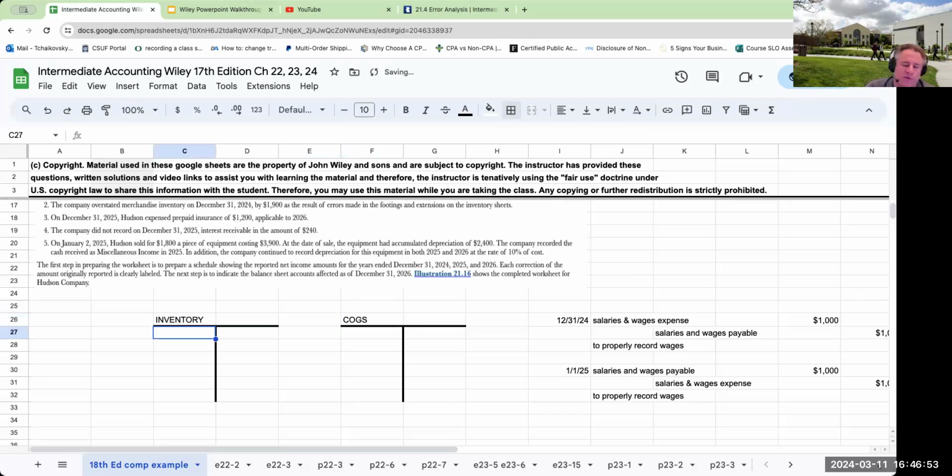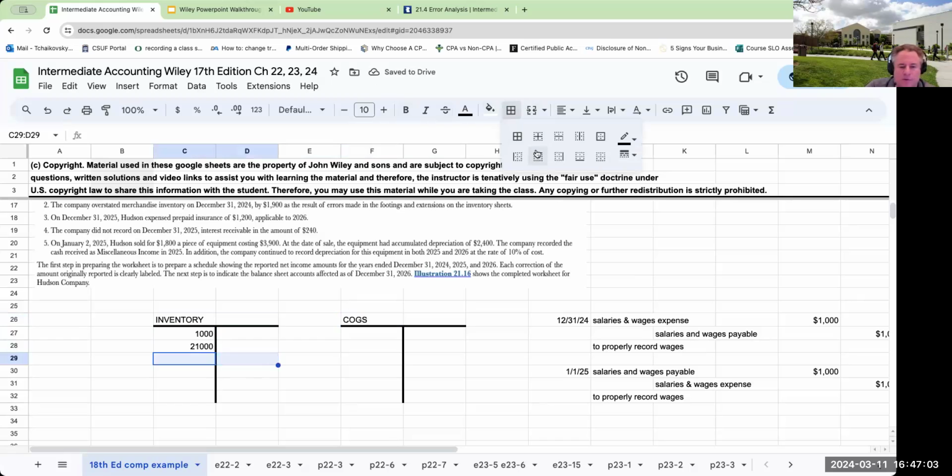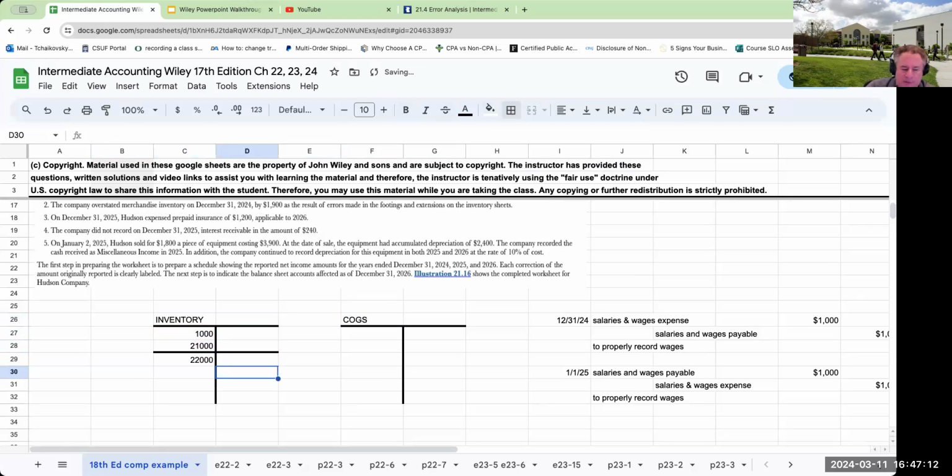So let's just assume here for a second that our inventory was 1,000. Our inventory purchases were, say, 21,000, giving us goods available for sale of 22,000. And then let's pretend our ending inventory was 10,000, and again, I'm just making up these numbers.